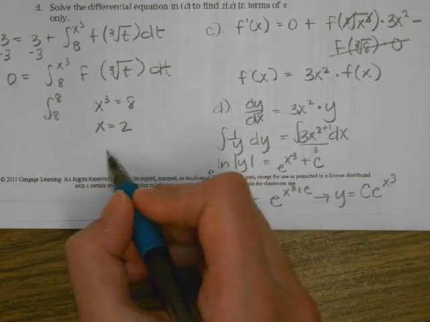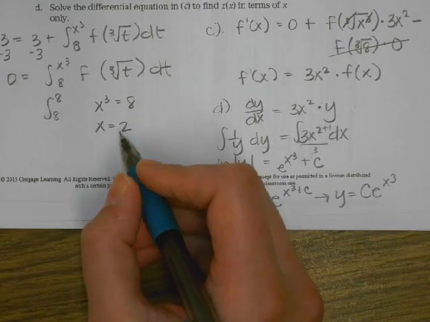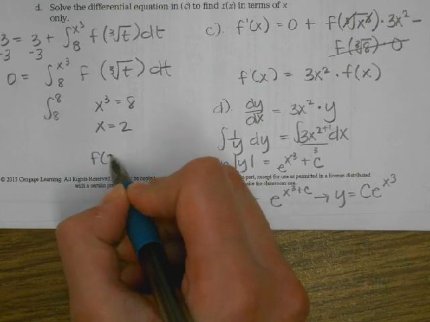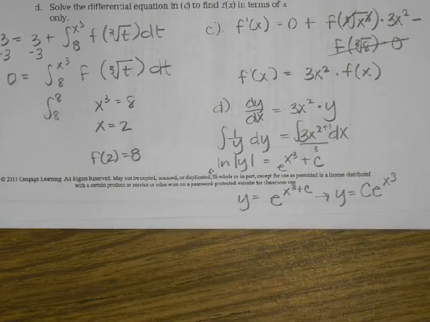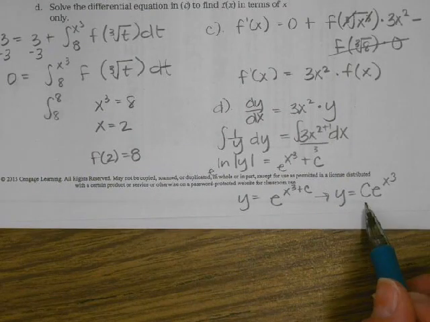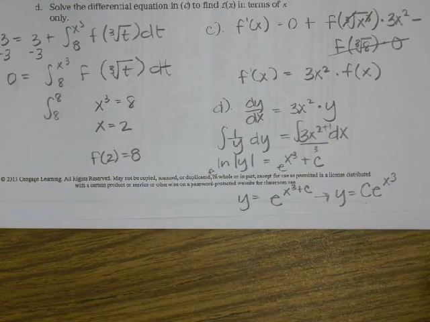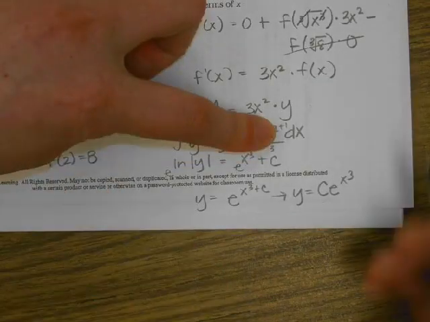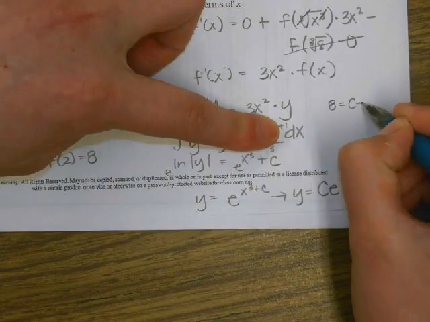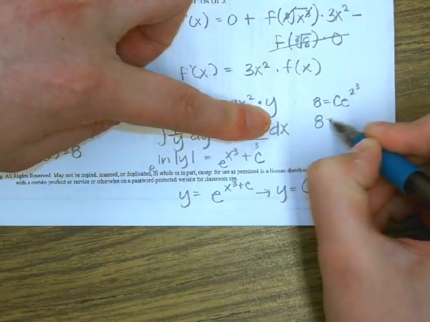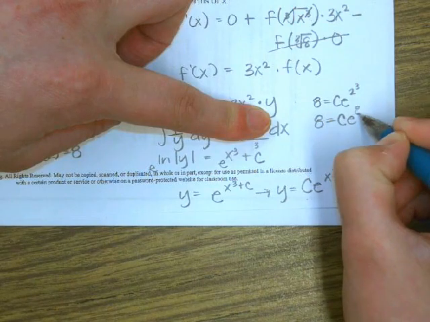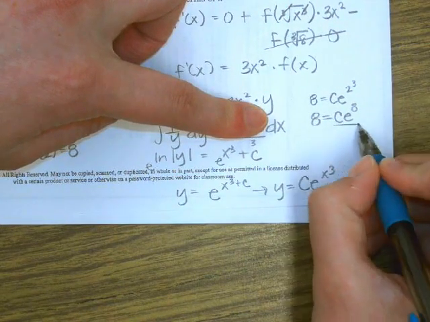We know that when x equals 2, f of 2 equals 8. And that is because of the work we did in part B. So you had to go back and solve for your c using that information. And so over here we're going to say 8 equals ce to the 2 to the third. 8 equals ce to the 8th. So I'm going to divide by e to the 8th.